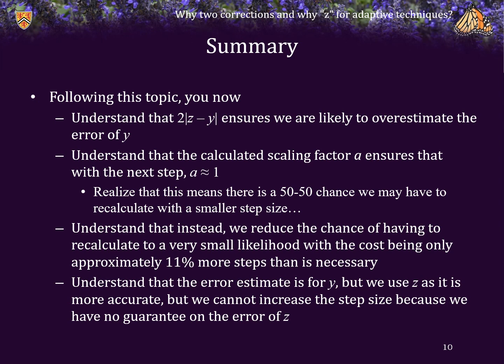Consequently, you know that instead, we reduce the likelihood of having to recalculate to something that's very small, and the additional cost therefore is that we will only have approximately 11% more steps than is actually necessary. Finally, you understand that the error estimate is for y, but we use z as it is more accurate. But we cannot increase the step size because we have no error bounds on the error for z.